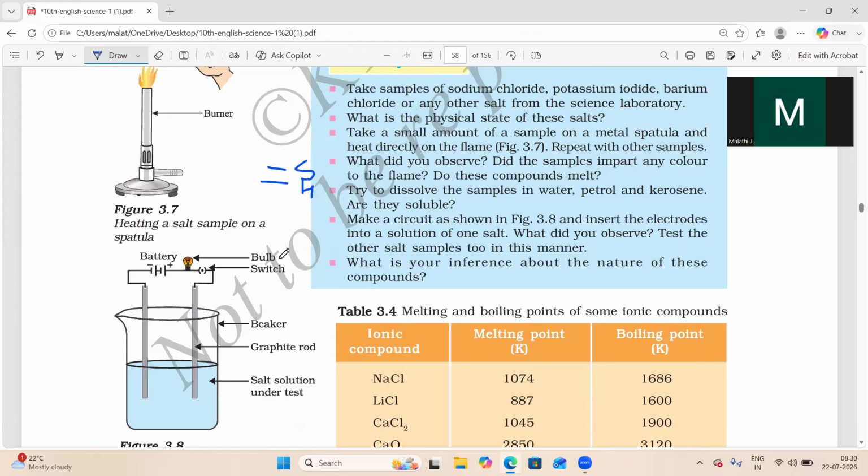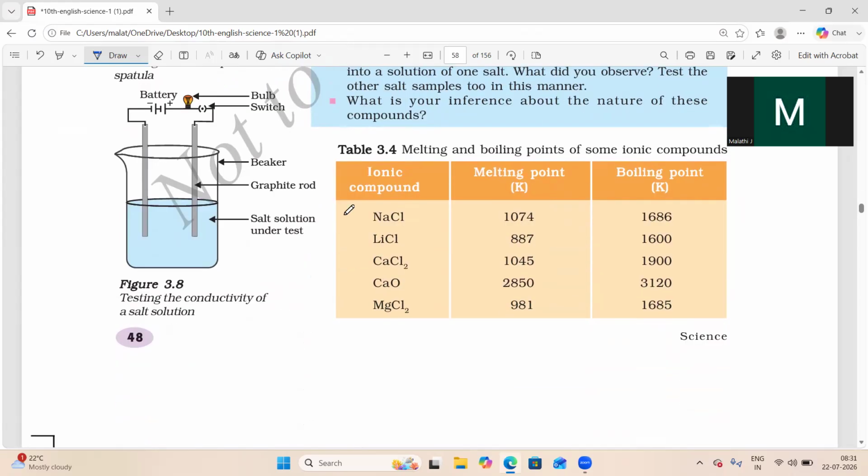Because of hardness and being solids, ionic compounds absolutely have high melting and boiling points. Melting points and boiling points of some ionic compounds are given here. NaCl has a melting point of 1074 Kelvin and a boiling point of 1686 Kelvin.